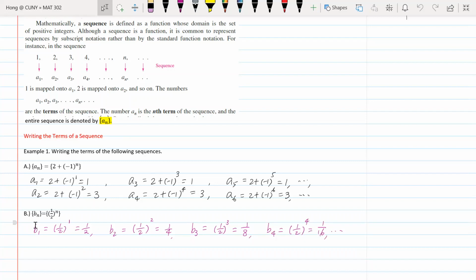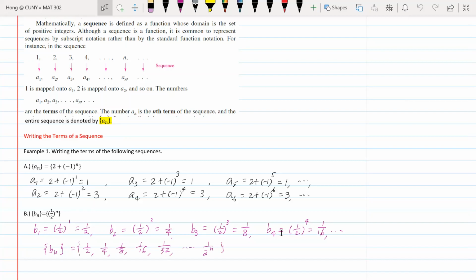Observe this sequence. What's the difference between b1, b2, b3, b4? We can also write this sequence as 1/2, 1/4, 1/8, 1 over 16, 1 over 32, and so on, 1 over 2 to the nth.